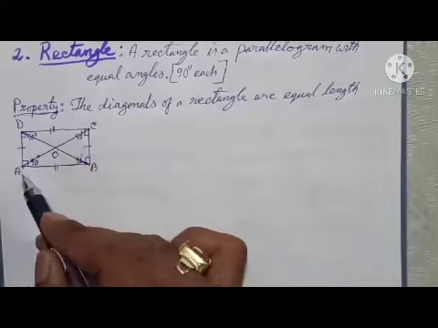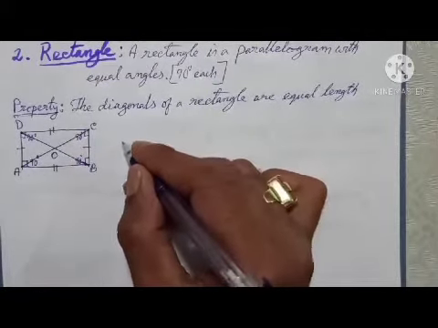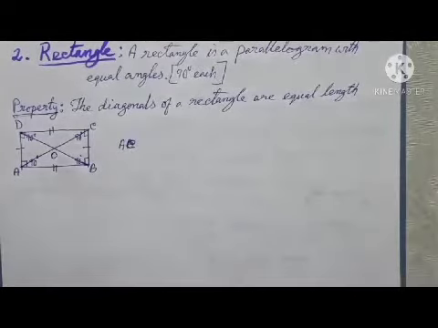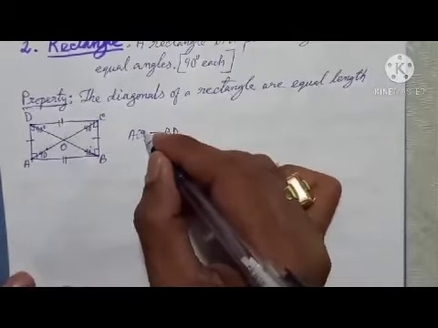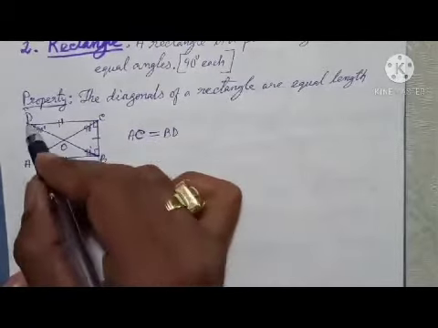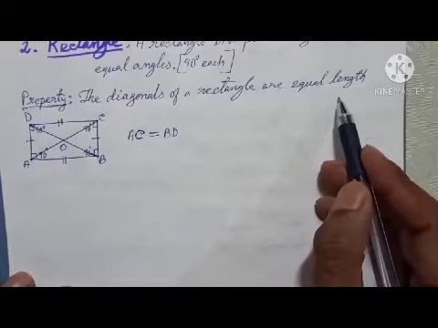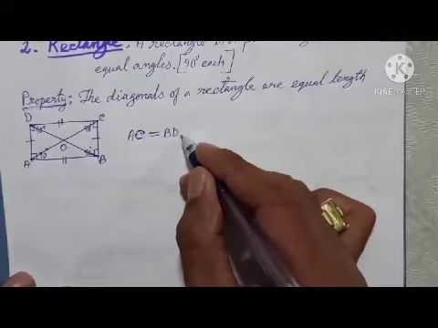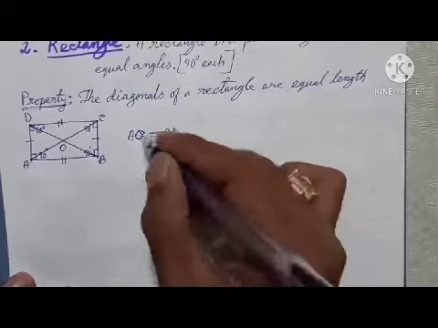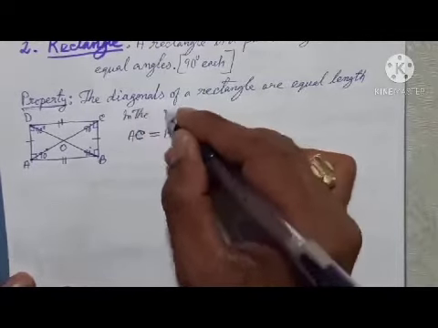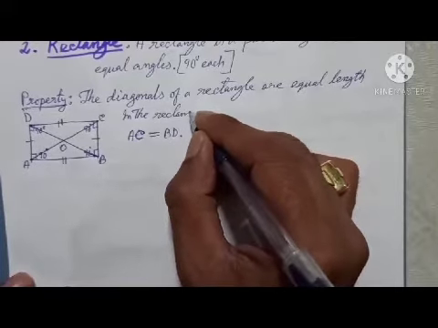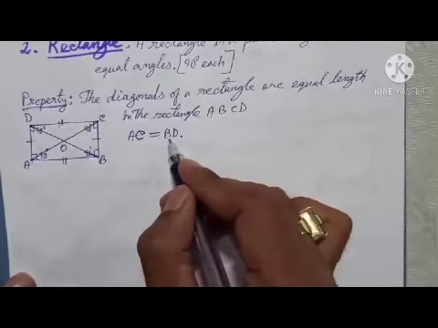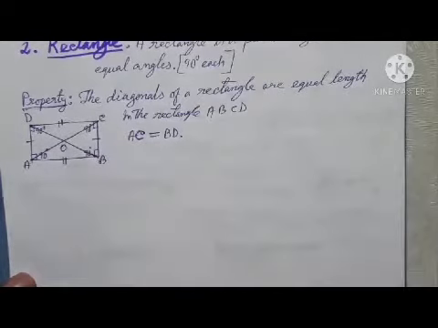That means in this rectangle, AC is a diagonal and BD is also a diagonal. By this property, the diagonals are equal in length. That means AC length and BD length are equal. So in the rectangle ABCD, AC is equal to BD, and this is what this property says.